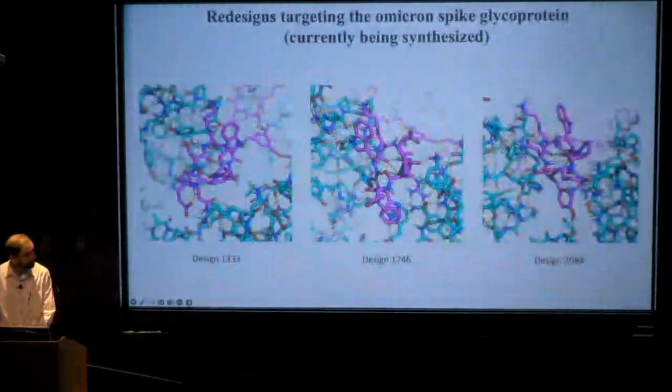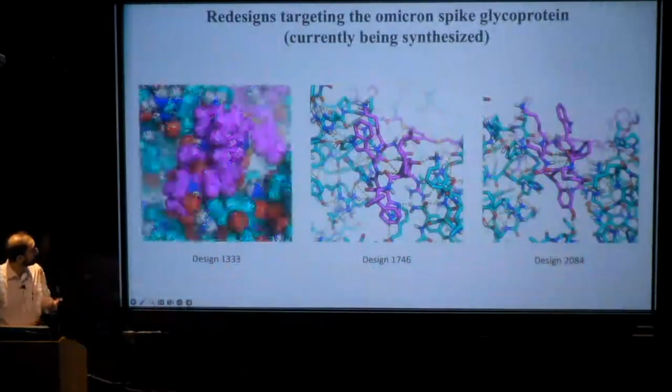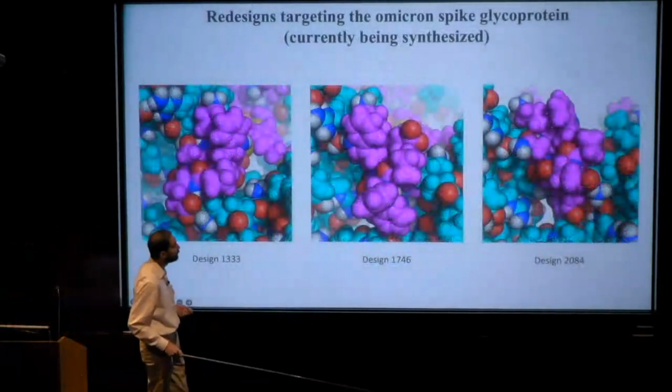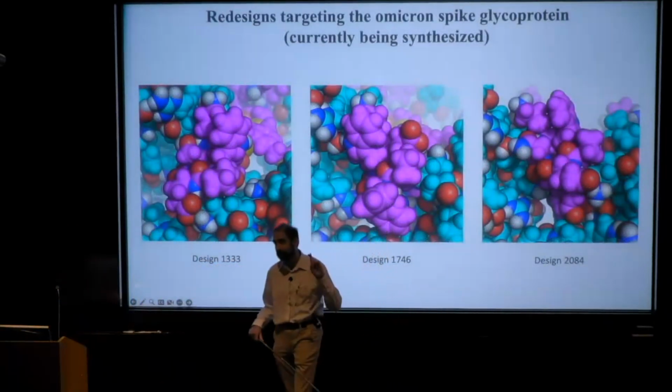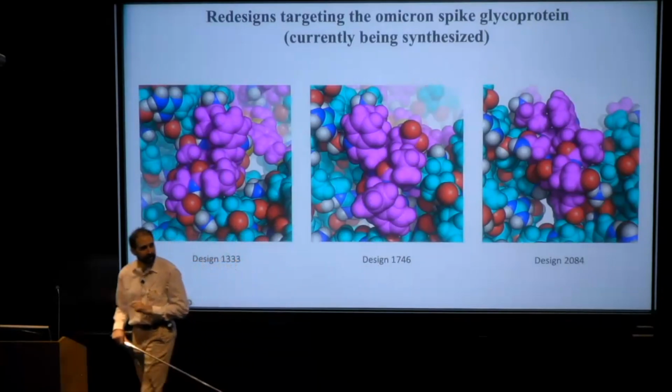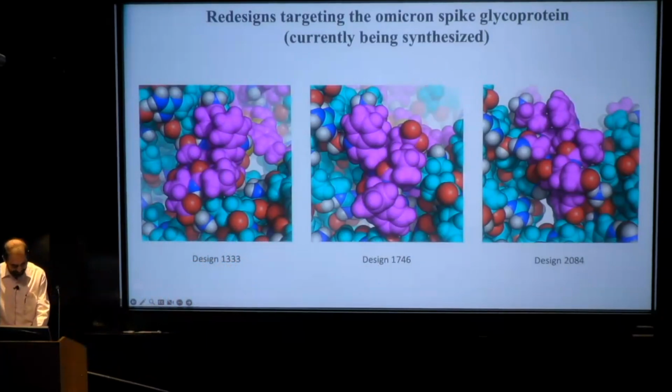We have some plausible designs now. These are currently being synthesized, and we have a collaborator at the FDA who's very interested in these and who's going to be testing them out shortly, as long as the government doesn't shut down. So that's a work in progress.